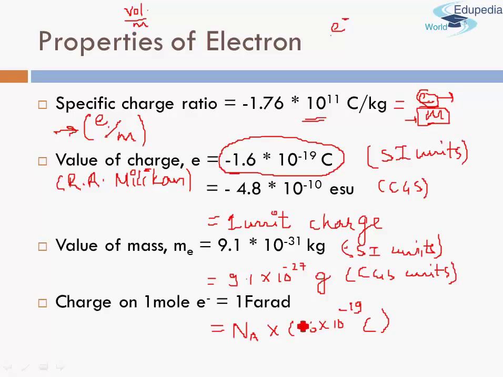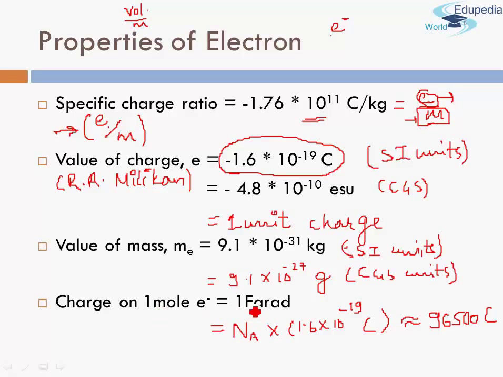This value approximately, you don't have to remember the exact value, but the approximate value is 96500 coulombs. You have to remember this value so that you know 1 farad. Farad is nothing but another way of saying I have 1 mole electronic charge.